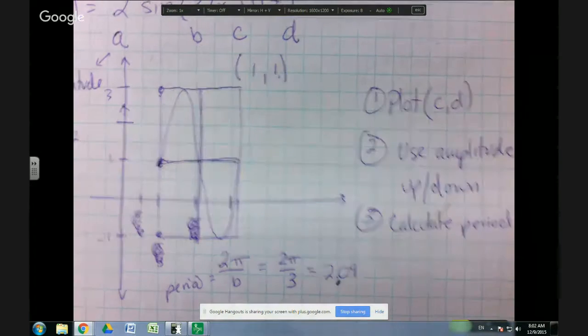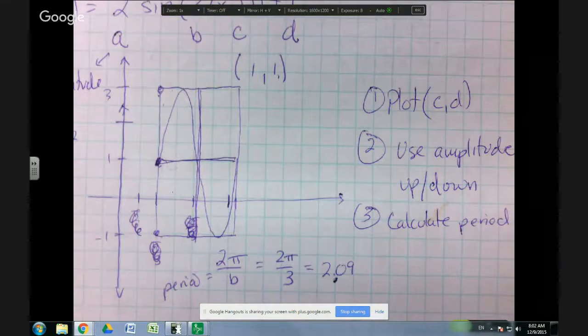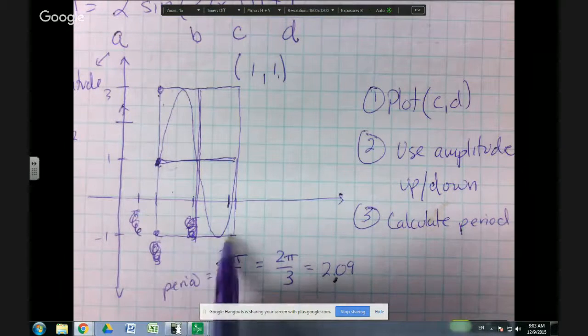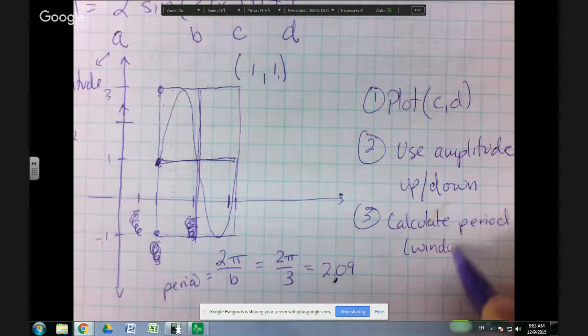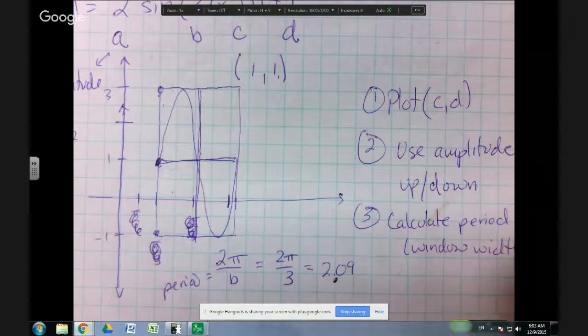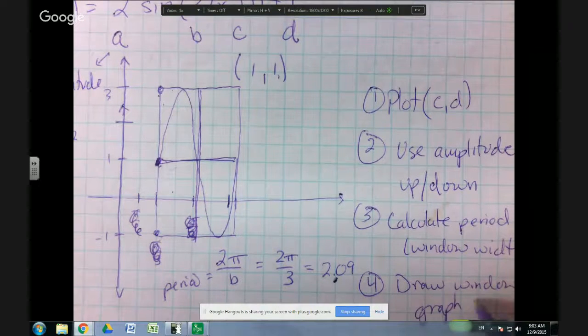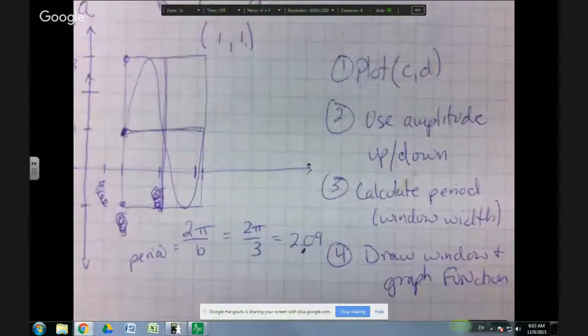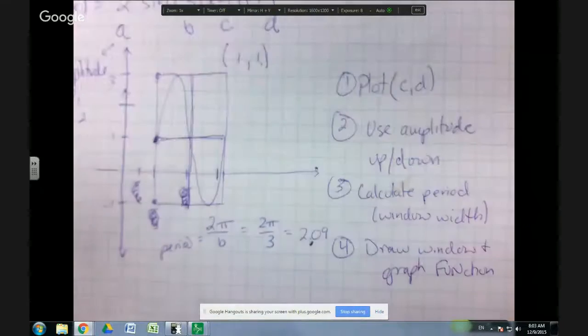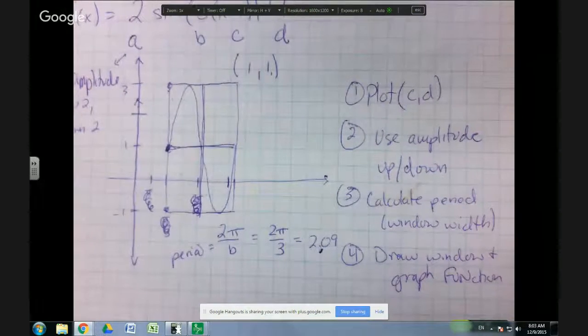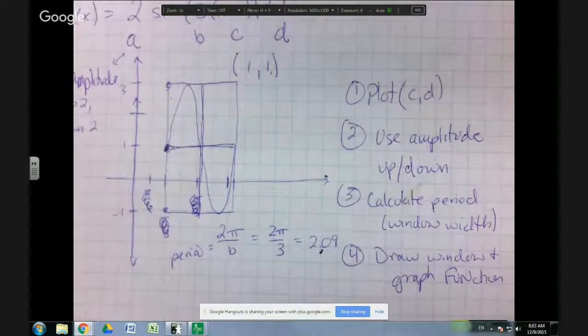Then we calculated the period to see how wide the window was. And then number 4, we draw our window and graph the function. You okay with that process?